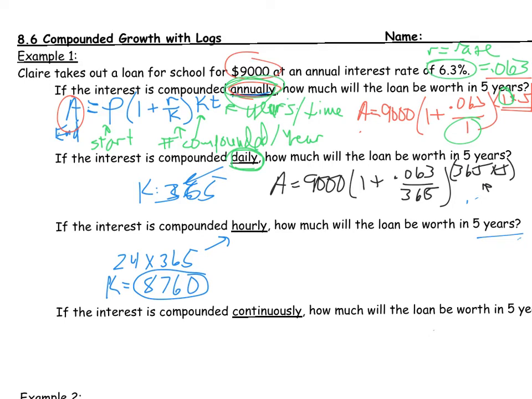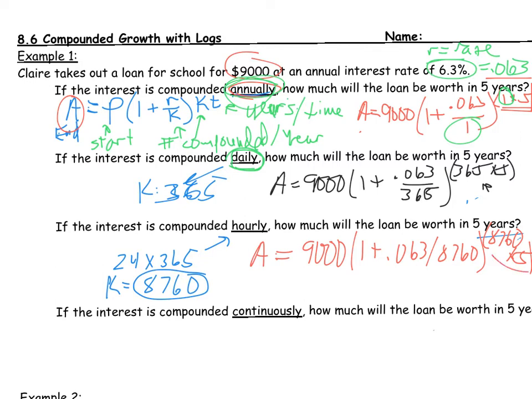Let's go with red this time. This is going to be A equals 9,000, what you start out with, 1 plus 0.063 divided by 8,760. And up here, it's going to be 8,760 times 5. So I would multiply those two first and then plug it into your calculator and see what you get for an answer.